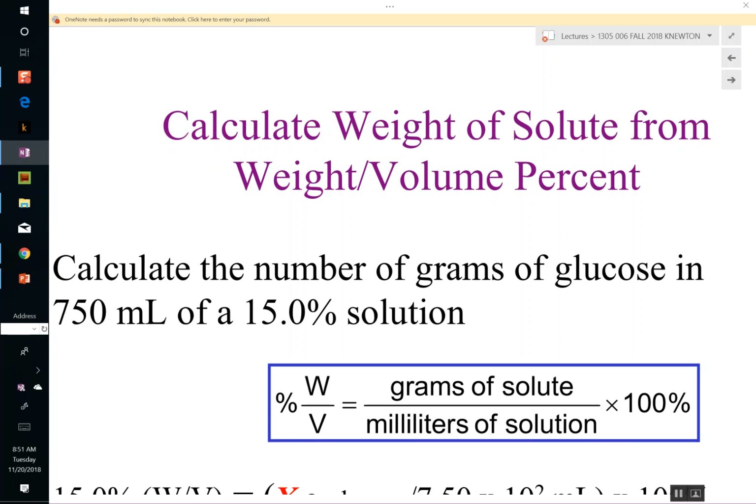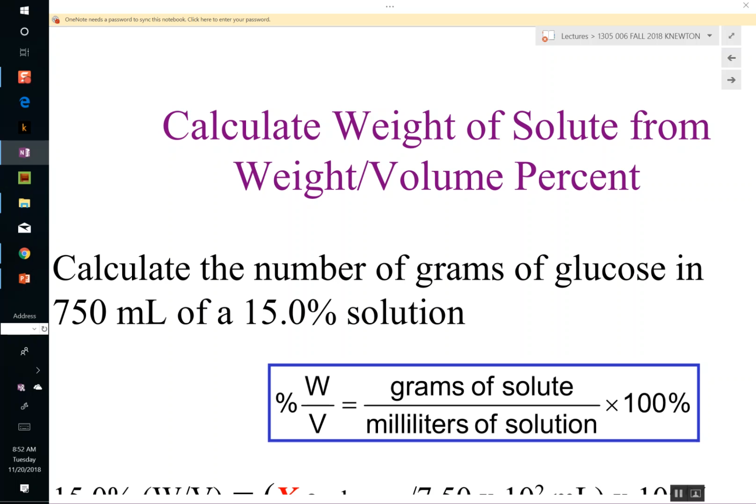I'm trying to get this all by itself, right? To get this out of here, I need to multiply by 750 milliliters, which means I need to multiply by 750 milliliters over here. All I'm doing is what I need to do to get X by itself.